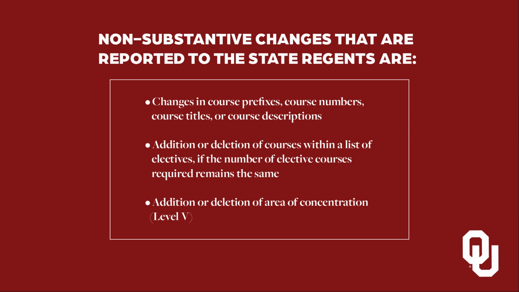Addition or deletion of courses within a list of electives if the number of elective courses required remains the same. Addition or deletion of an area of concentration, level 5. A side note here, concentrations are different areas of emphasis within a major. Concentrations with a common core curriculum will be listed on the same program page, while those that do not share a common core will be listed on separate program pages.